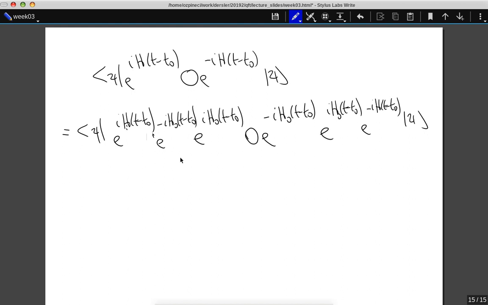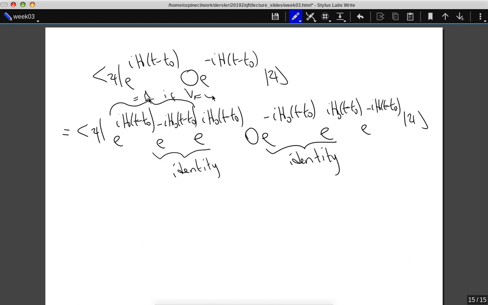You see, this is just identity. And similarly over here, I just inserted the identity. And in fact, if you look at this term, this is equal to identity if V is equal to 0. Because if V is equal to 0, H is equal to H0. So that's just the identity.